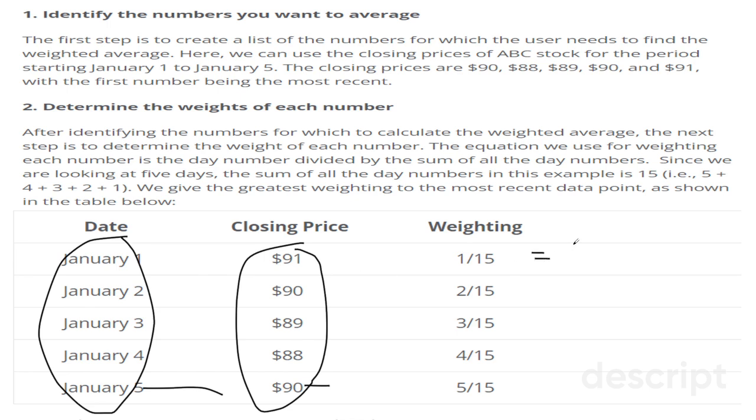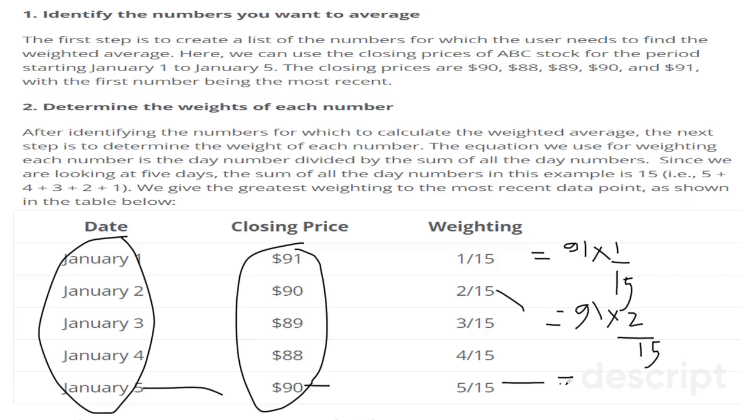It will multiply 91 into 1 by 15, so you get one figure. Similarly, in the second step, it will take 91 into 2 by 15. So it is giving lesser weightage to a far price, but over here it will give the maximum weightage to the nearby price.